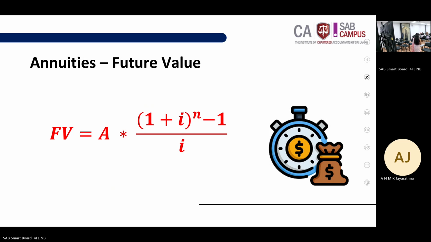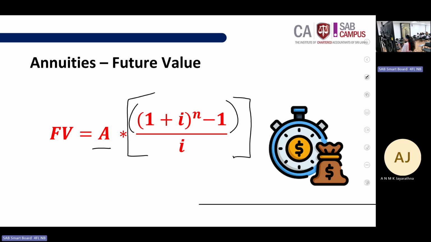Clear? A means annuity. Annuity multiplied by 1 plus interest rate to the power n minus 1, divided by the interest rate. So if I tell you the format of obtaining this annuity factor, first do this part.